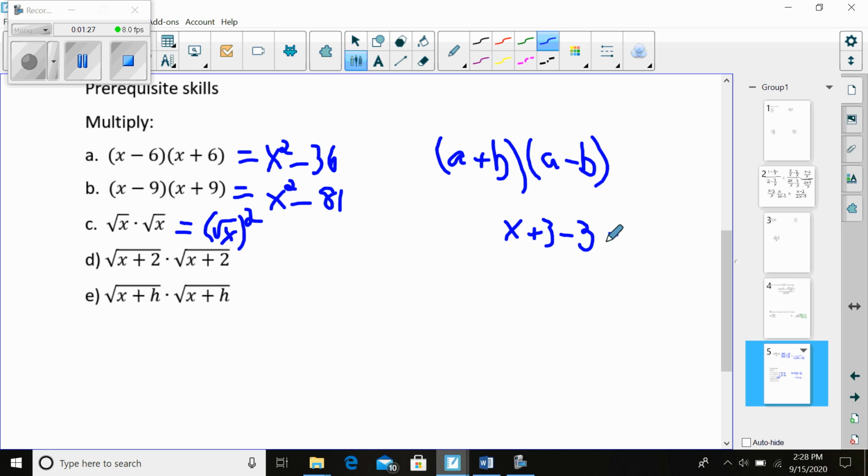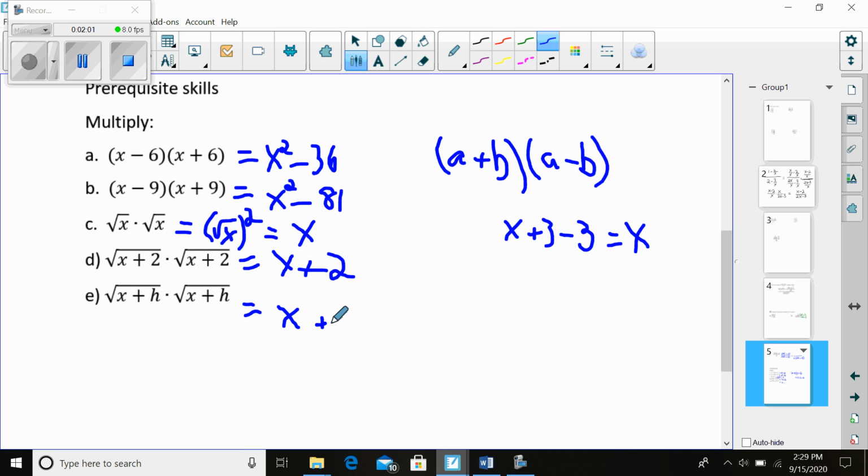So if I perform inverse operations on a value x, they undo each other and the result is simply x. Same idea here. If I were to square radical x plus 2, I'm just left with x plus 2. And similarly, if I were to square radical x plus h, I would be left with simply x plus h.